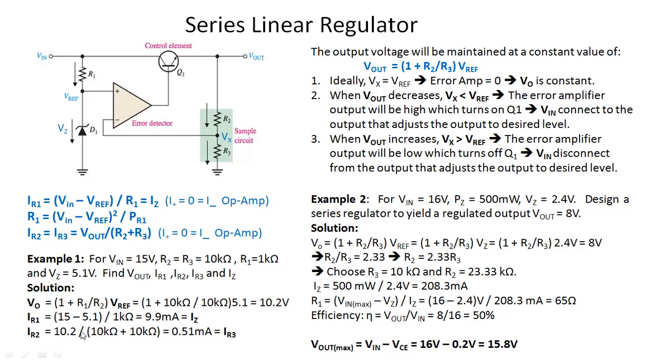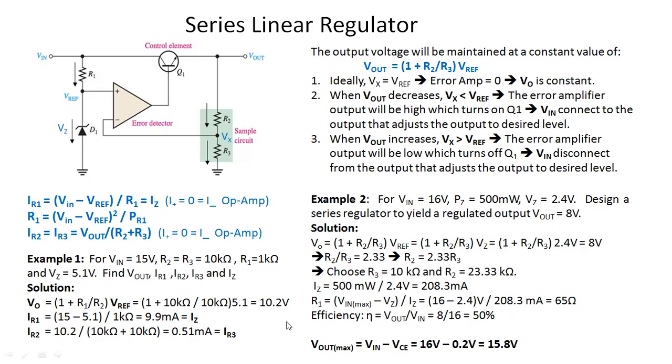So you will get 10.2 upon 10 kilo ohm plus 10 kilo ohm, that value as 0.51 milliampere. That value will be for IR3 also. So here we can solve a numerical on series linear voltage regulator.